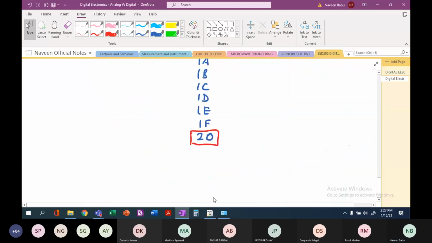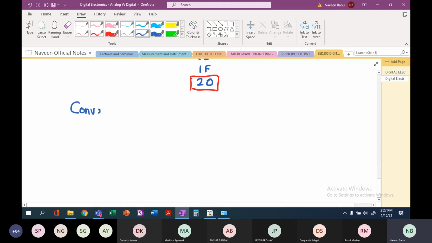Okay. Now let us look at the conversion. We are looking at the conversion of one number system to other number system. Let us say, for example, I am having a number 25, right? Now, how do you know that this particular 25 belongs to decimal number system?